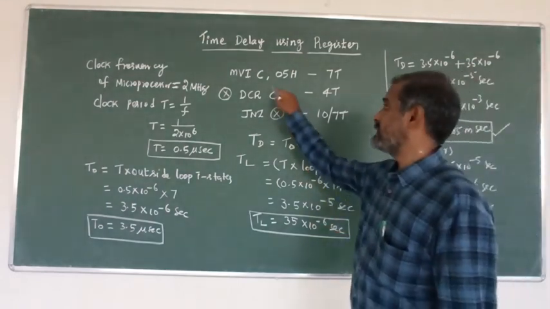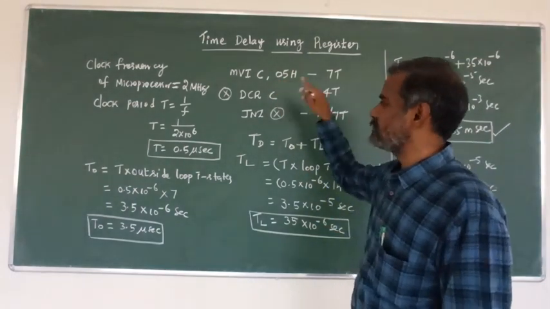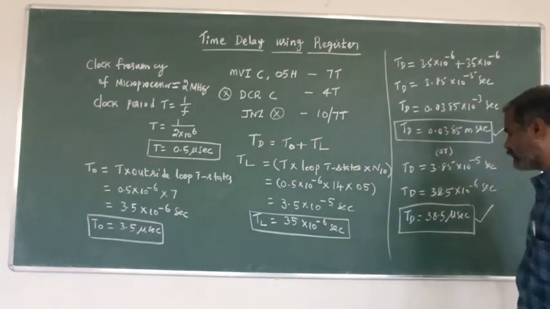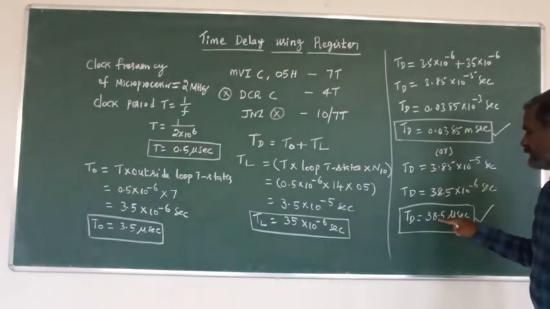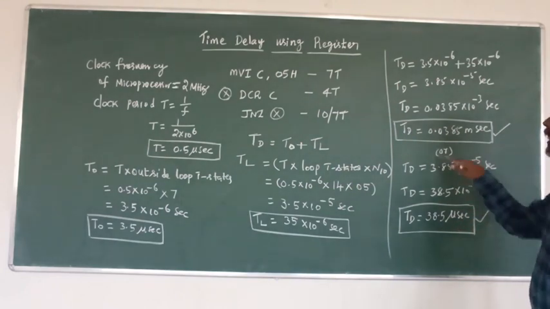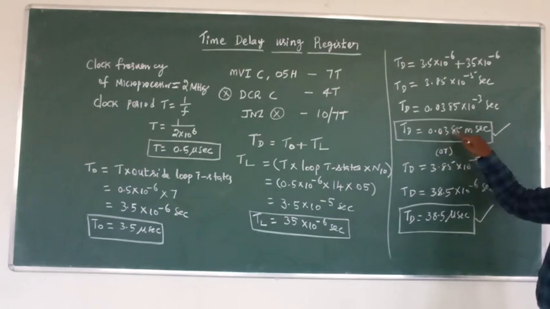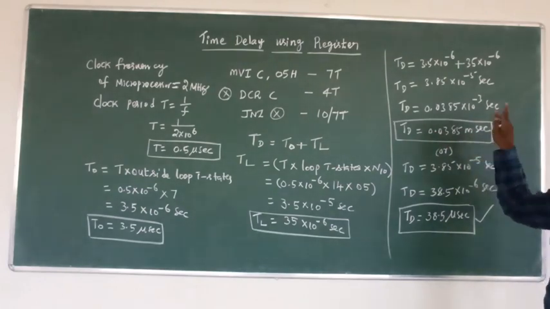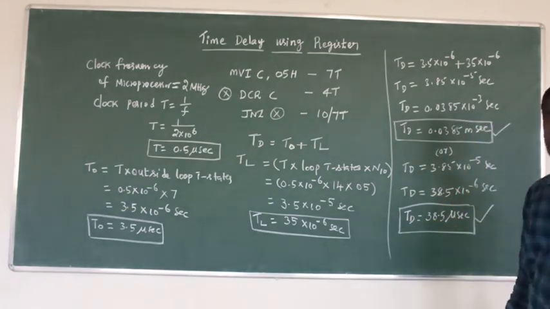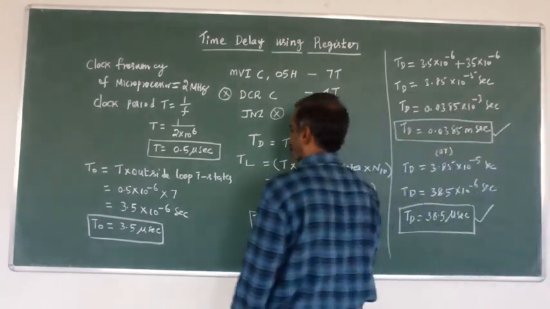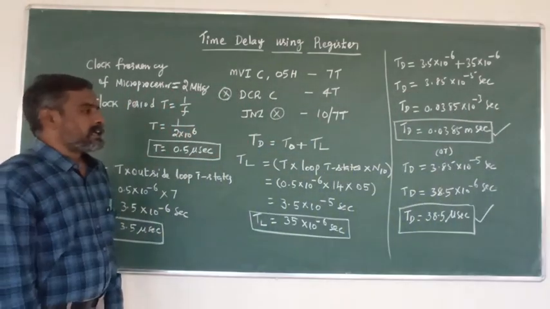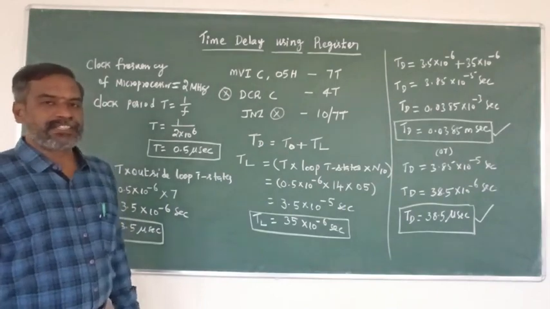Now to decrement the data 05 to 00, it will take 38.5 microseconds, or 0.0385 milliseconds.